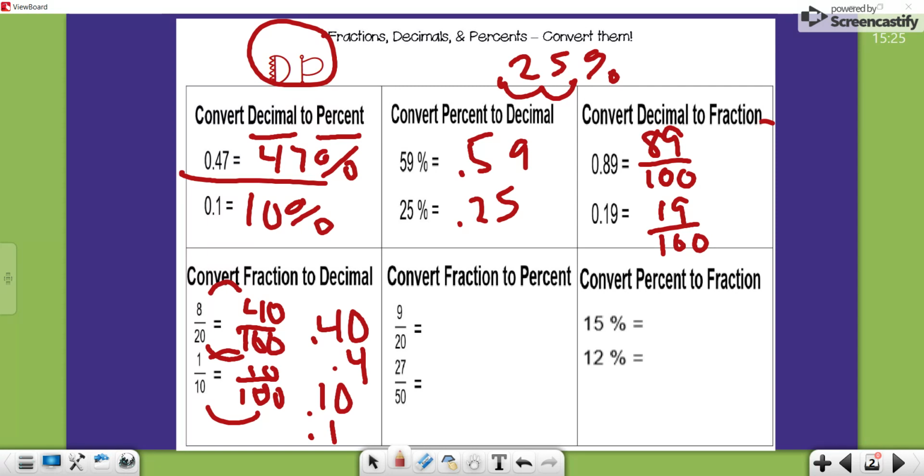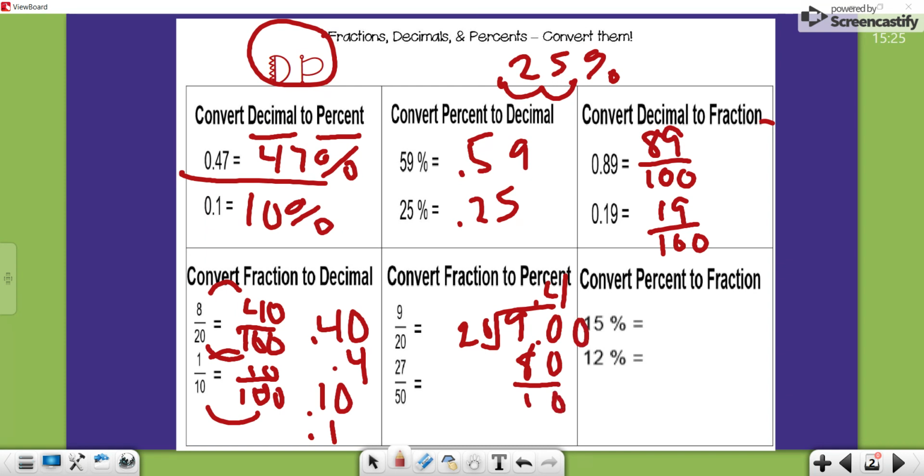Okay, to convert a fraction to a percent, you can use Tybo, which means top in, bottom out: 9 divided by 20. I need to add a decimal. 20 will go into 90 4 times. 4 times 20 is 80.